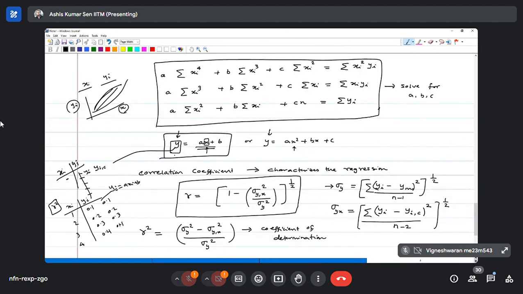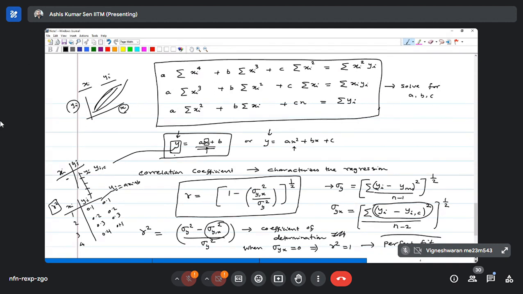So that means this quantity becomes 0, right? When this quantity becomes 0, your r square becomes 1. So when sigma yx becomes 0, that time your r square becomes 1. So that is a perfect fit.